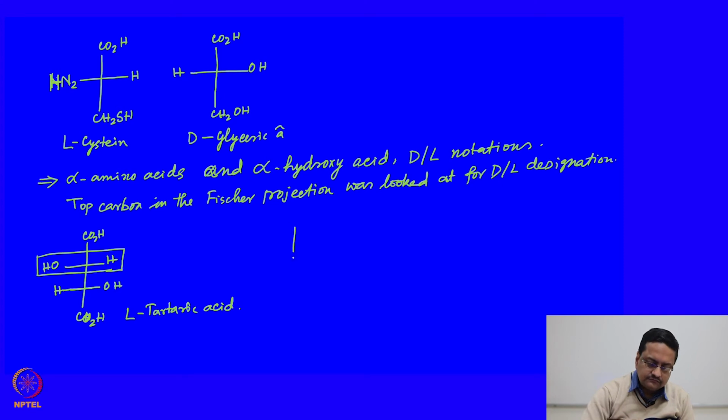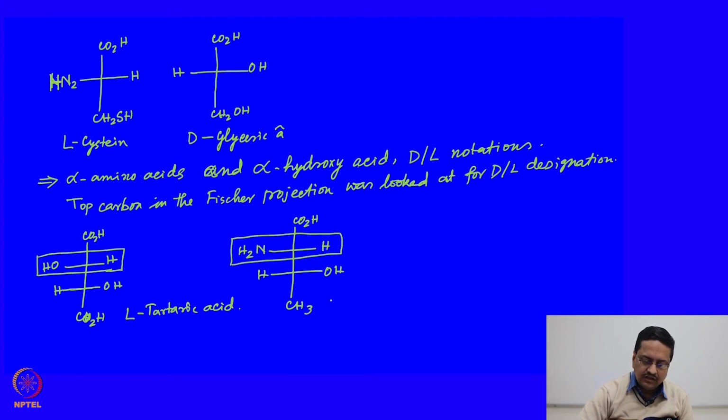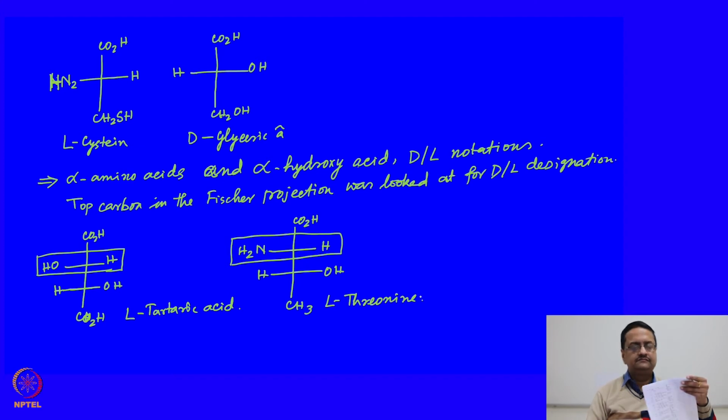Similarly, this compound, which is an alpha amino acid, had NH2 group on the left hand side and OH group here on the right hand side with a methyl at the bottom. Based on the orientation of the NH2 group, this was identified as L-threonine. So, this is how the alpha amino acids and alpha hydroxy acids were initially designated by D and L notations.